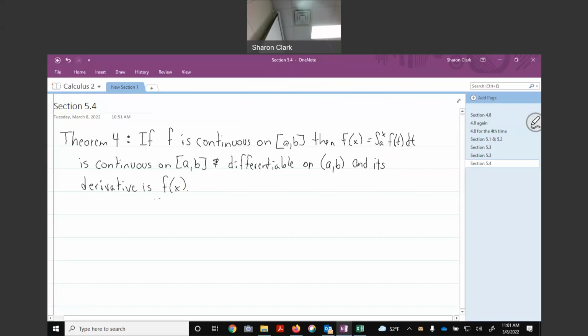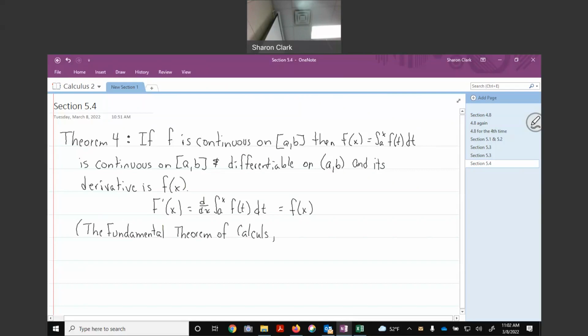So capital F prime of x is d/dx of the integral from a to x of f of t dt. That equals little f of x. This is the fundamental theorem of calculus.